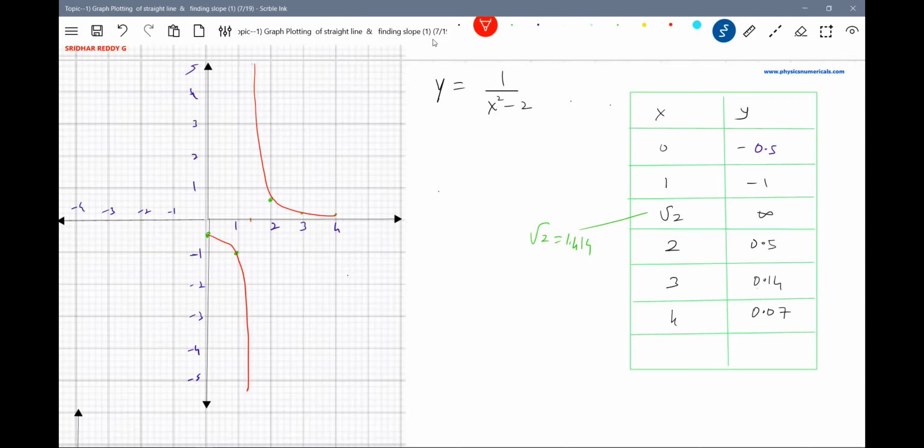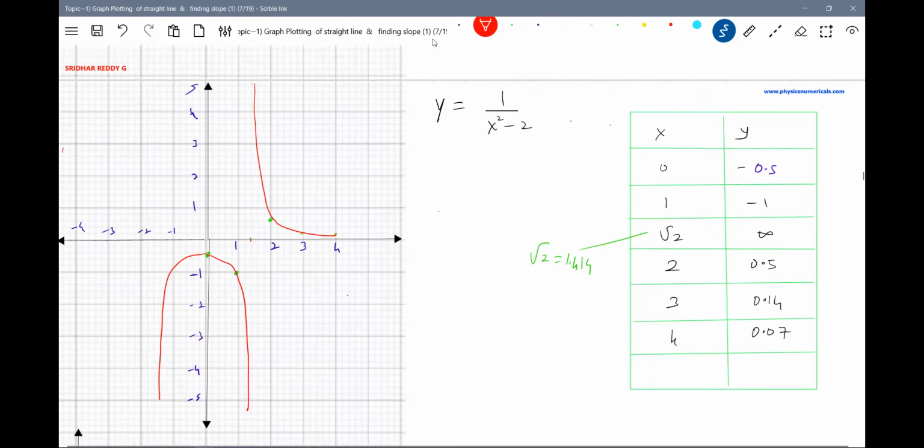If you draw that, symmetry will be there, so from symmetry I can draw the other side. It's a rough graph you have to work out.